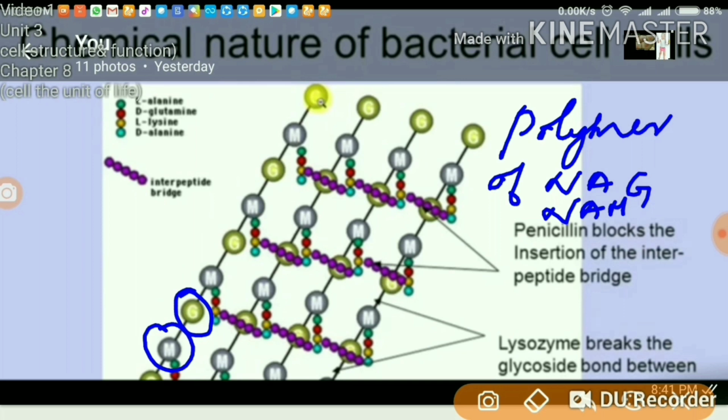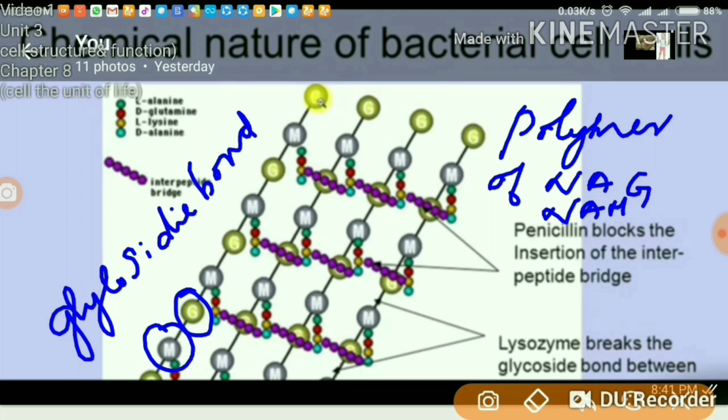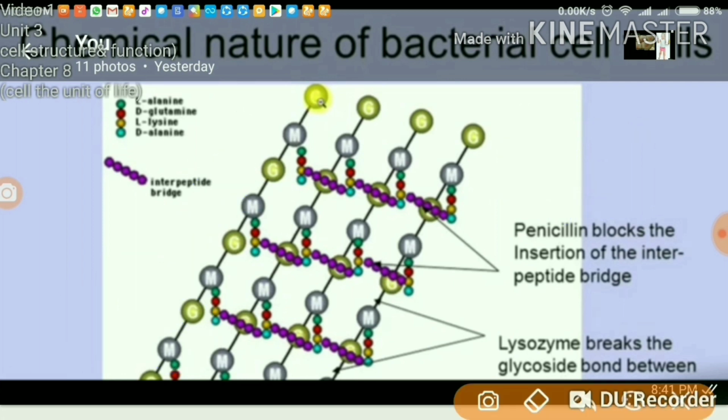Here M and G are connected by another bond, known as the glycosidic bond, or interlocking sugar. You should remember this; it is an extremely important structure.